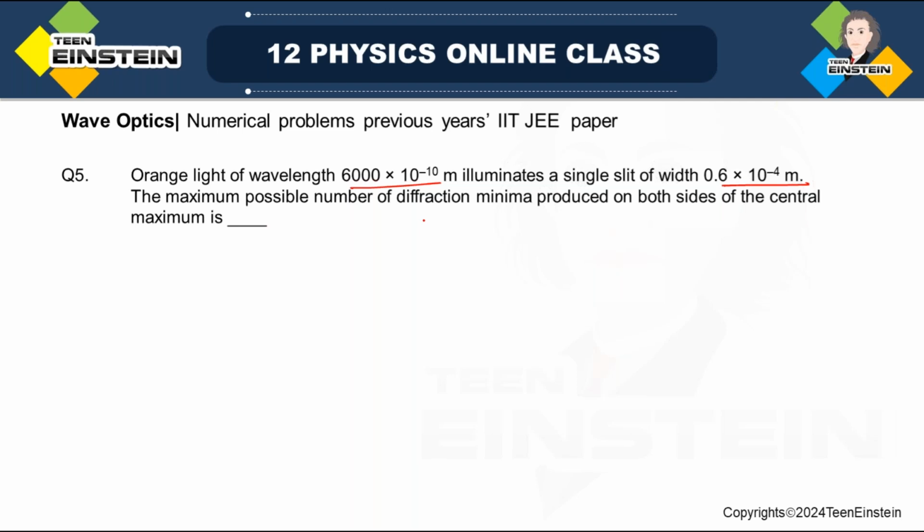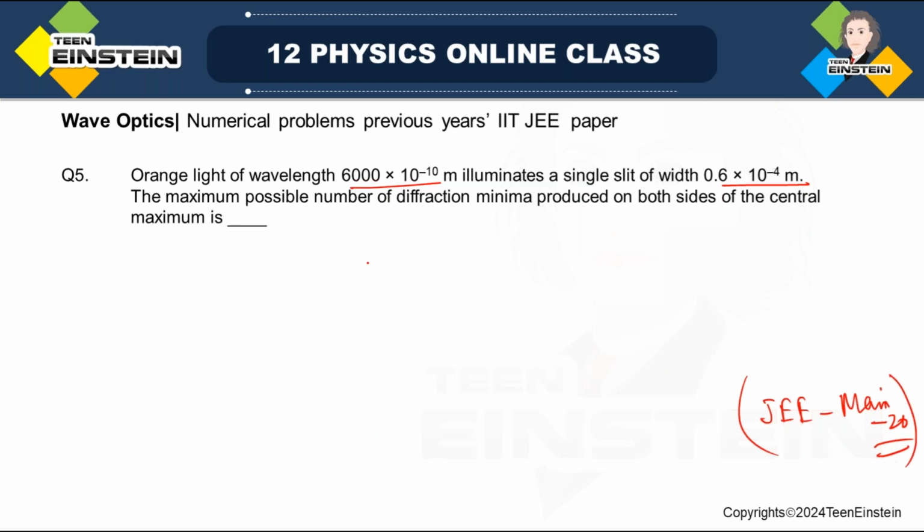The maximum possible number of diffraction minima produced on both sides of the central maxima. This is a very typical question, and this is also a question from JEE Mains 2020.